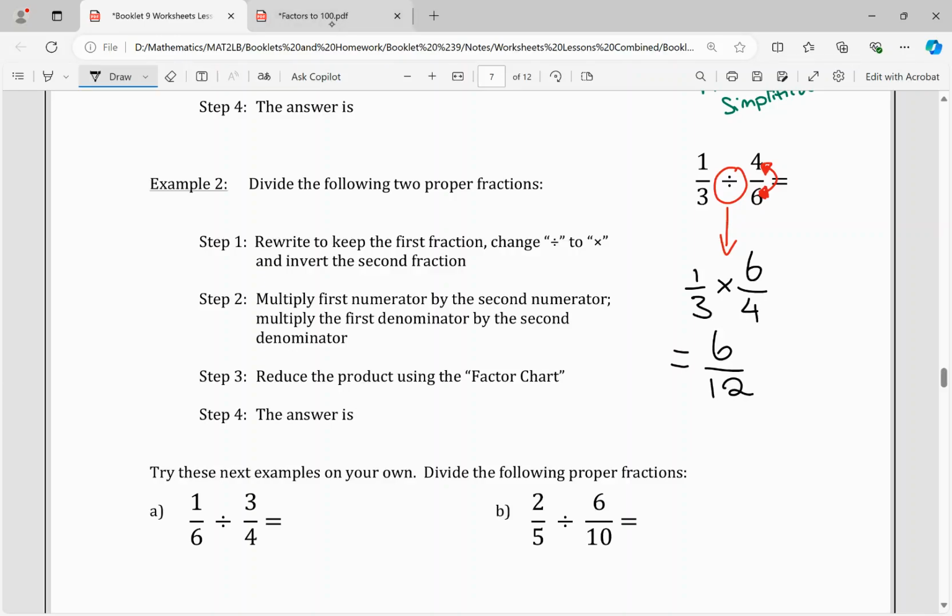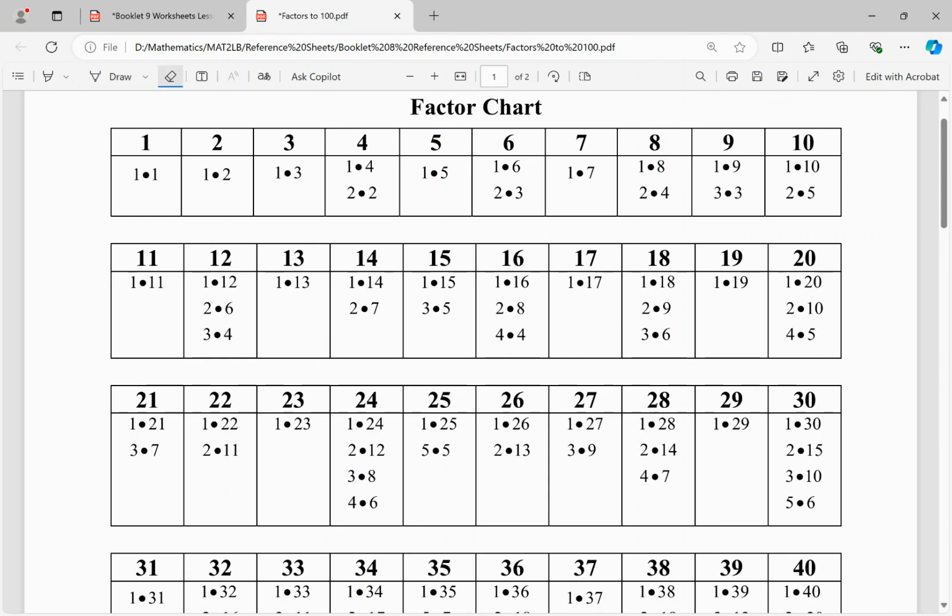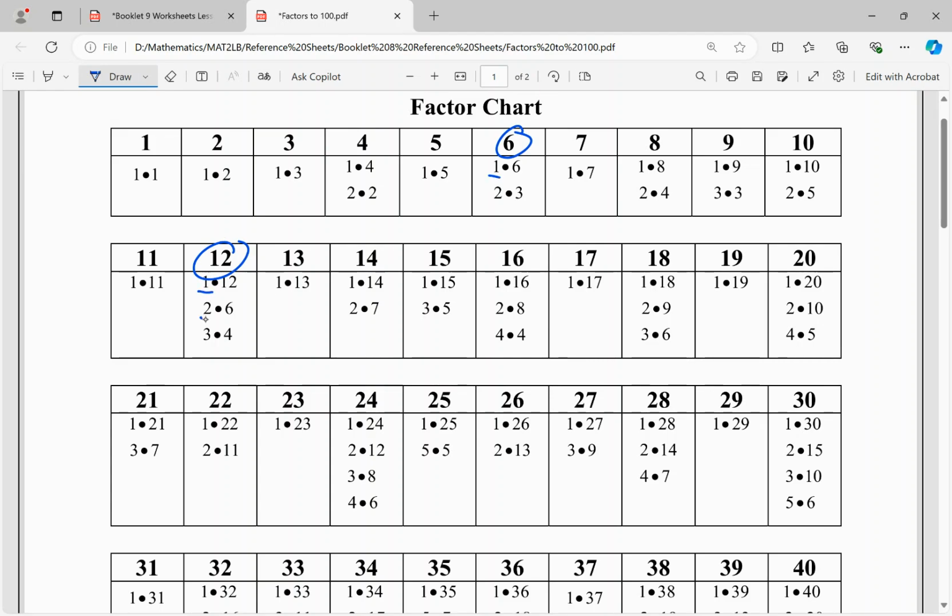So the answer is 6 over 12, but we have to visit our factor chart, see if we can simplify that 6 over 12. Okay, they both have a 1, they both have a 2, they both have a 3, they have a lot in common. They actually both have a 6 as well. So we only need the largest one, right? We're looking for the greatest common factor.